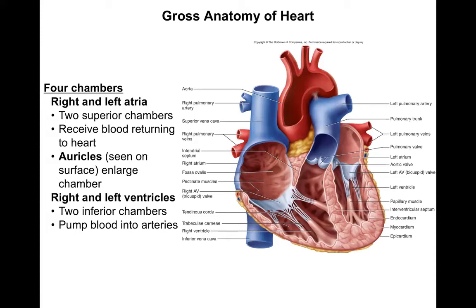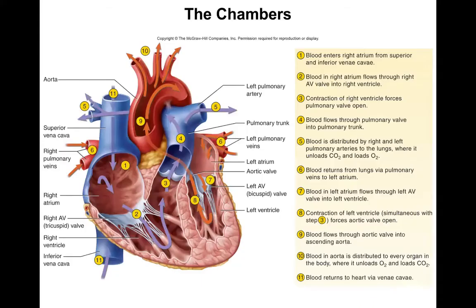Let's now understand how the flow of the blood takes place, and then we'll come back to this structure again. Blood comes from the superior and the inferior vena cava. What are these? These are veins, and the superior vena cava brings blood from the upper part of the body.